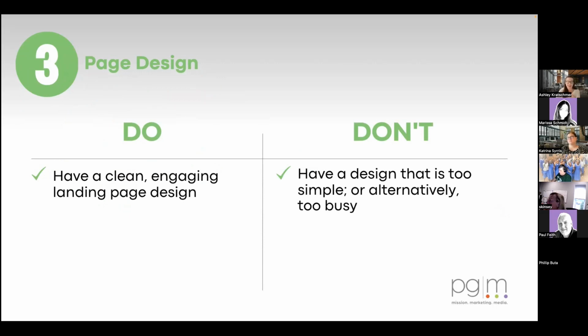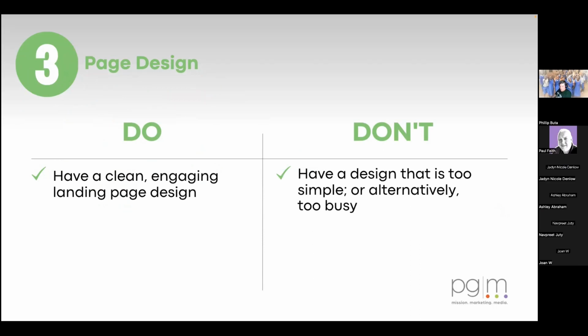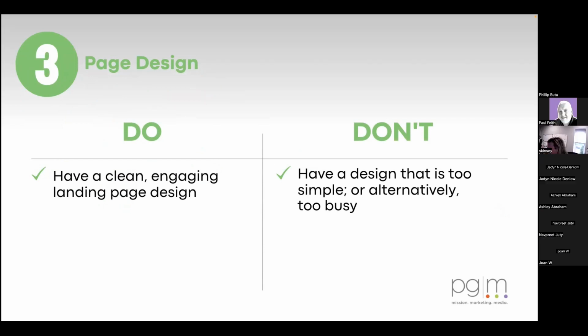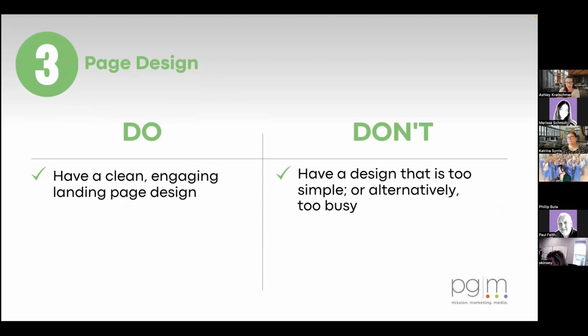We don't want it to be cluttered with information. We don't want the actual design elements, the color of the background, to be distracting, to be hard to read. And right now we are seeing more of a clean aesthetic, where we do want to see some color. We want to see fun visual elements to make it engaging, but we don't want to make it hard for people to understand what's going on in the page. And that goes into the don't that we recommend: don't have a design that's too simple necessarily, and alternatively too busy.